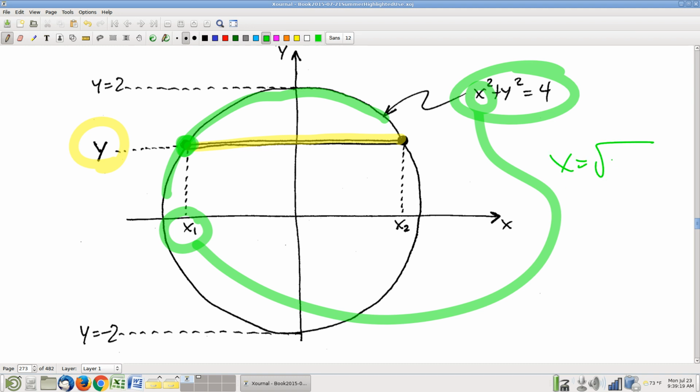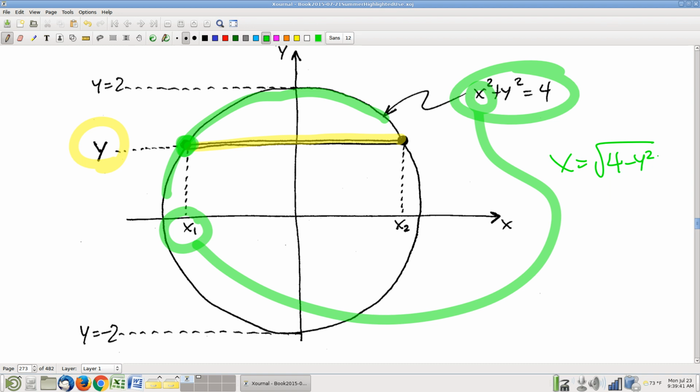Square root of 4 minus y squared. And yeah, I know what y is, but it's y. It's whatever value of y I happen to be looking at in that slice. So I don't plug in to get rid of it. I leave it there. I'm looking for what this x bound is as a function of y.